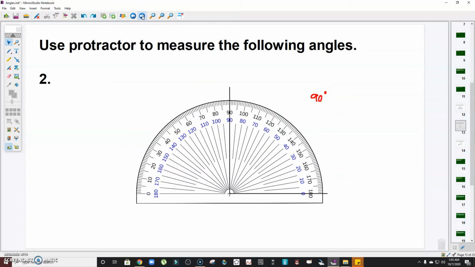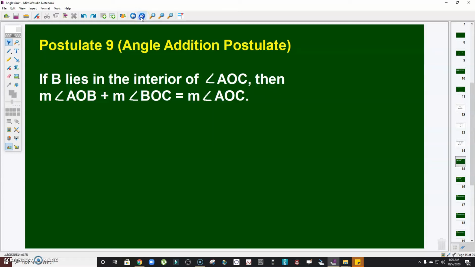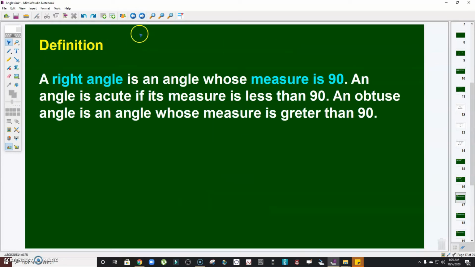This one is exactly 90 degrees, so we call this a right angle. While this one is greater than 90, that's 127, so this is an example of an obtuse angle. Again: right angle, acute, obtuse.